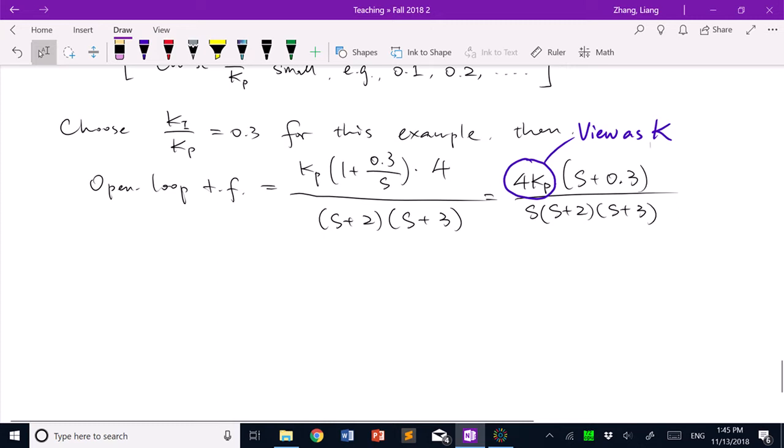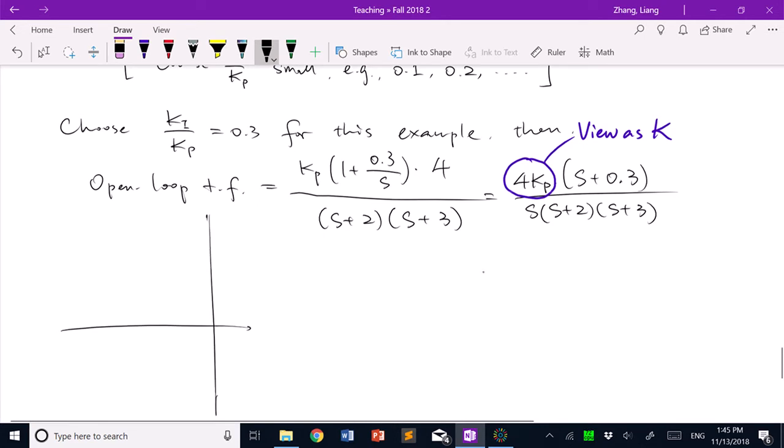Now, how do we do the root locus for this one? Easy. Find the poles and zeros again. You have 3 poles at the origin, and then at -2, and then -3. You have 1 zero at -0.3, so I'm going to have that here.